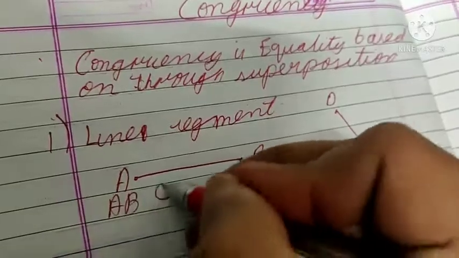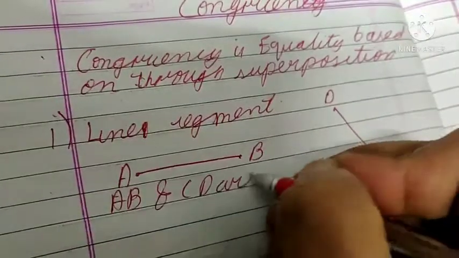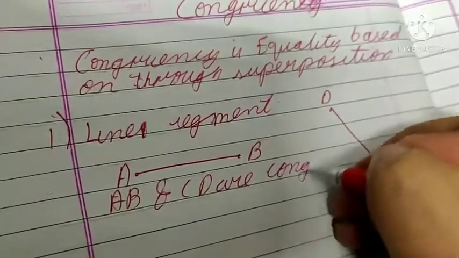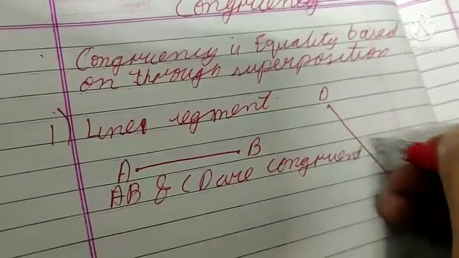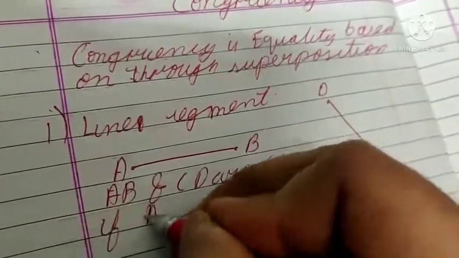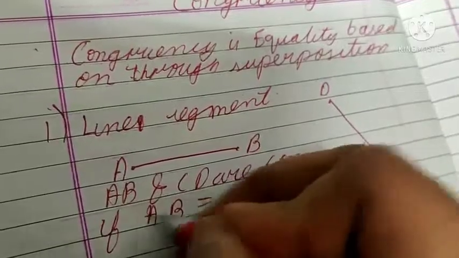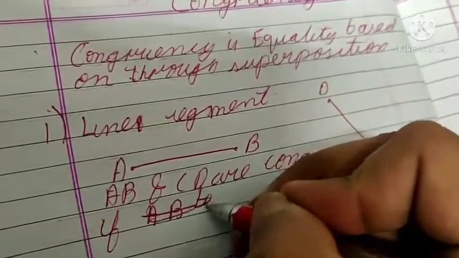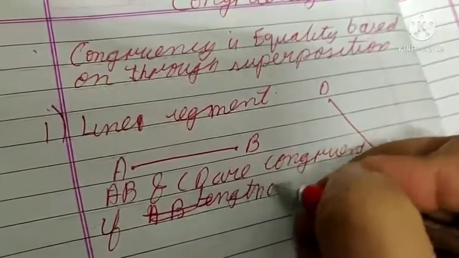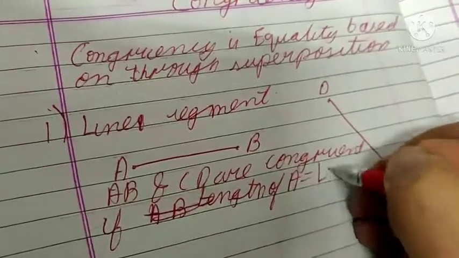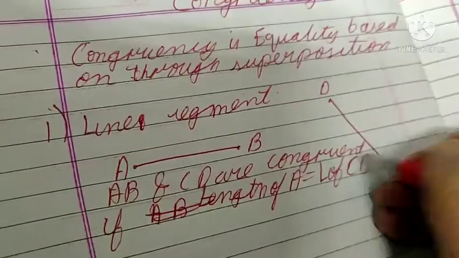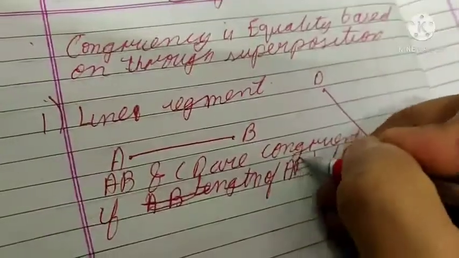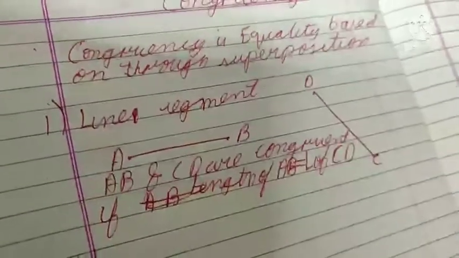AB and CD are congruent if the length of AB is equal to the length of CD, then only two lines are congruent.